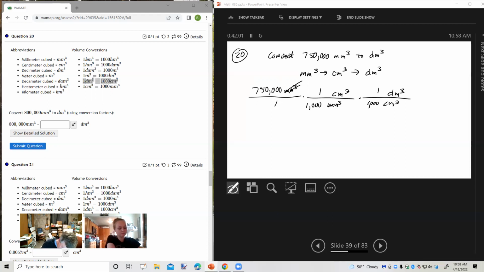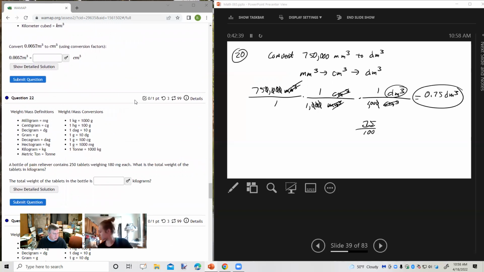We'll get rid of the units here. I could get rid of 1, 2, 3, 4 zeros on top and 1, 2, 3, 4 zeros on the bottom. I've got 75 over 100. That's going to move it 2 places to the left. So I've got 0.75 cubic decimeters. Any questions about that?